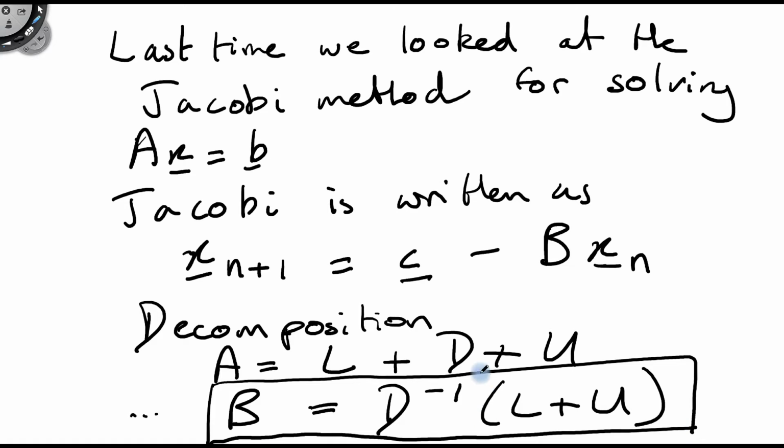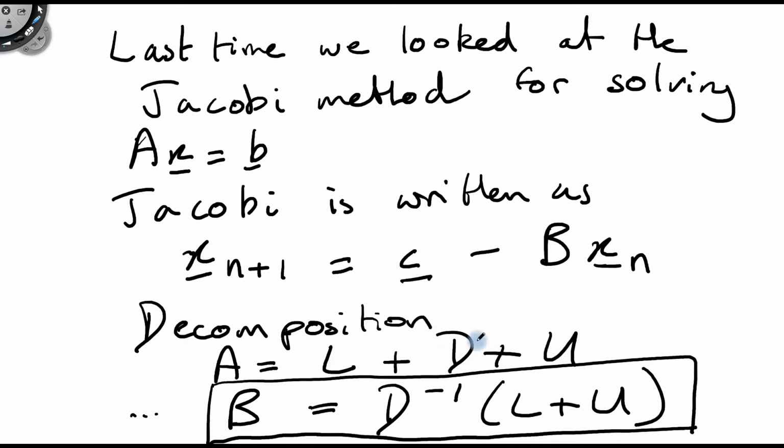But all we have to remember is that there's an automatic process for determining this B matrix, and it will turn out that the convergence properties of Jacobi will be all about this B matrix. But it's very helpful to do this decomposition. Notice this is similar but not exactly the same as our LU decomposition, in the sense that these L and U matrices don't have diagonals.